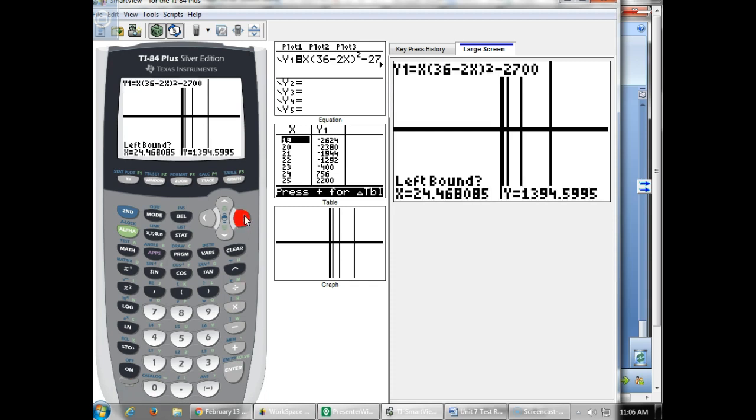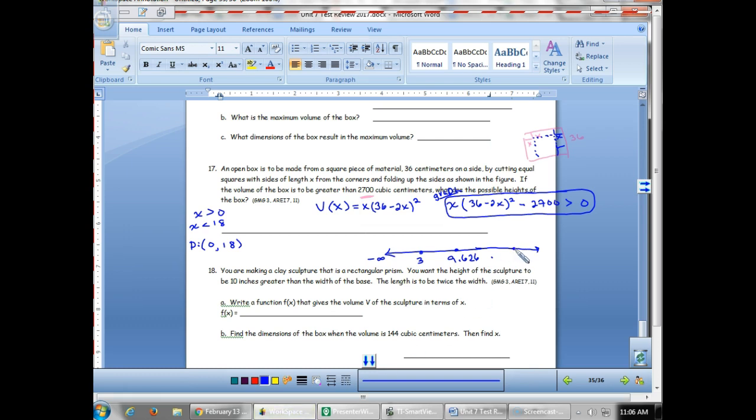Now I'm pressing the right key and I can see it. So when I press the left key, I know I'm to the left of it. Press enter. Go to the right of it. Press enter. Press enter. And it's 23.37. So 23.37 is our other one way over here.